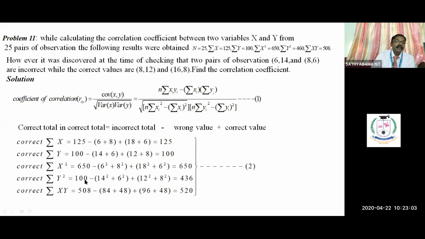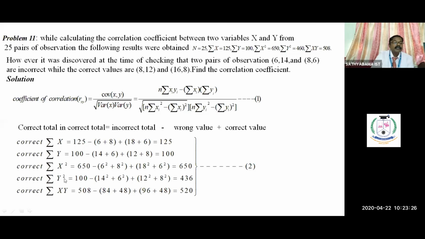The same way, we have to calculate the corrected sigma x square. Sigma x square is given. The incorrect total is 650. So here it is 650, and we are making the corrected values square. We subtract the error values and add the corrected values, so we are getting 650.